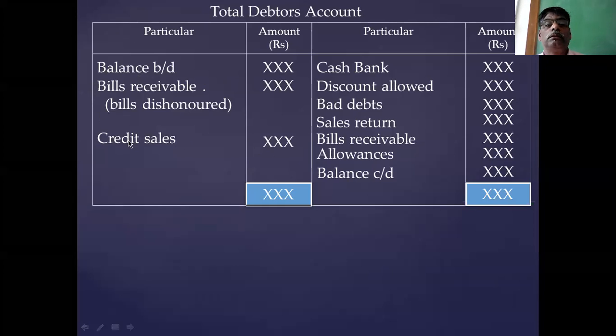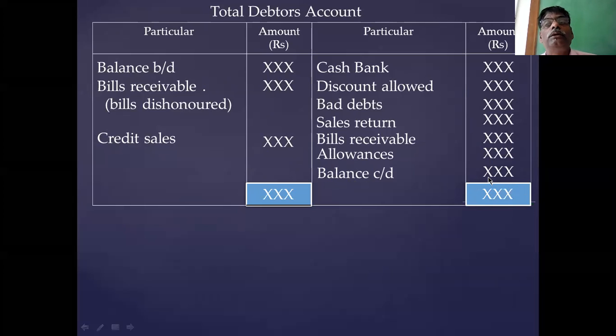Remember this. If there is a difference, the difference may be credit sale or opening balance. If credit sale is given in the problem, then the difference is the opening balance. It is the debit side difference. If the difference is on the credit side, it is balance carried down.